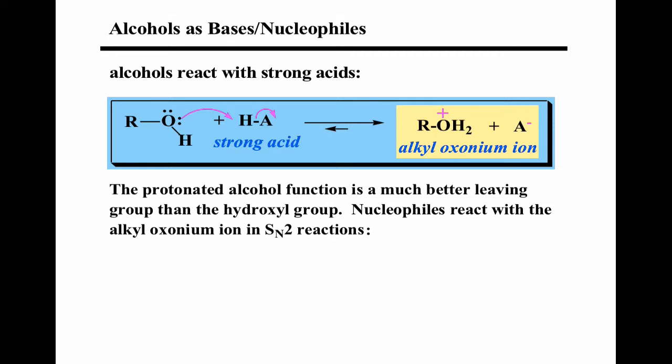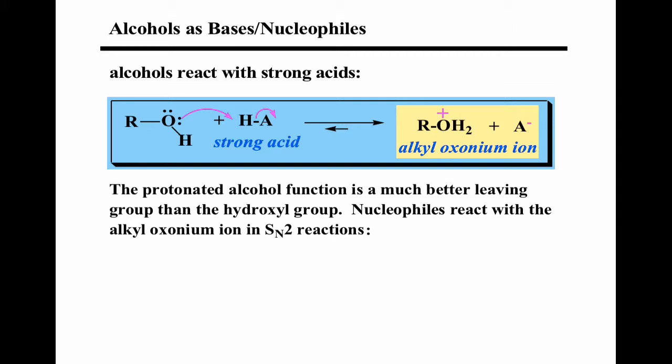So we all know that hydroxide is not a good leaving group, but water is a good leaving group. We talked about that multiple times last semester, right? And now that I have a protonated alcohol or an oxonium ion, right, I have a reasonably good leaving group, and nucleophiles can react with these oxonium ions in SN2 and in SN1 type reactions, right?